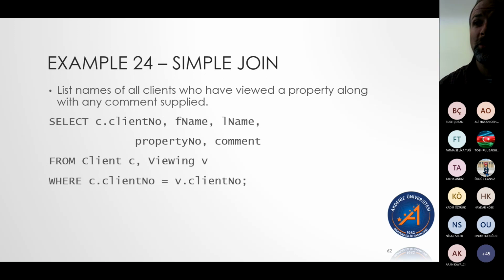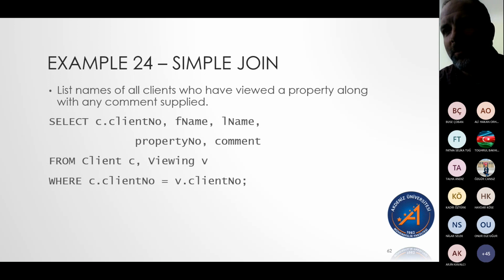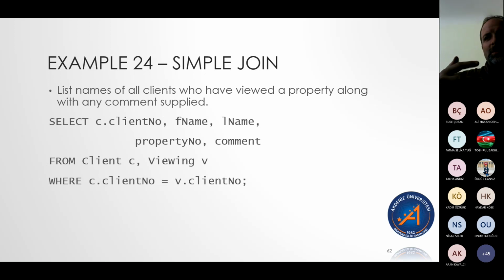So if there were 3 rows in the client table and 2 rows in the viewing table, we would get 6 results if we didn't include this in the where clause down here. What the where clause does is it says only give me the results where the client number from the client table results matches the client number from the viewing table results. So only where those two match do I want those rows to show up.